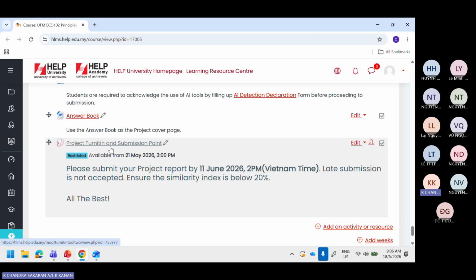But once you have done all the changes and you're happy with the Turnitin index, your final submission must have the answer book, your cover page, your answer, and reference list, all in one file and must be in PDF. Convert to PDF, then you upload to this link, submission. Here you submit your complete answer. So there's only one link here for doing Turnitin and submission.